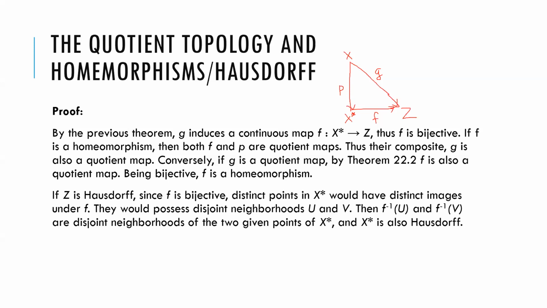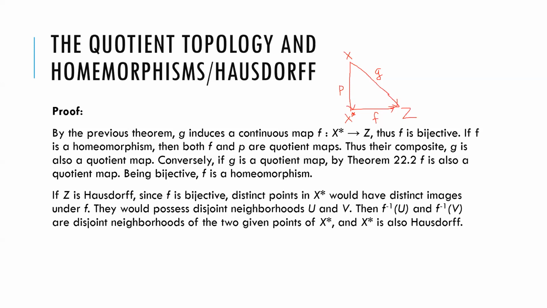So by that, X star and Z already have the same number of elements, they are either both countable or uncountable, whatever. So there should be a bijection by default, because they just have the same number of elements.